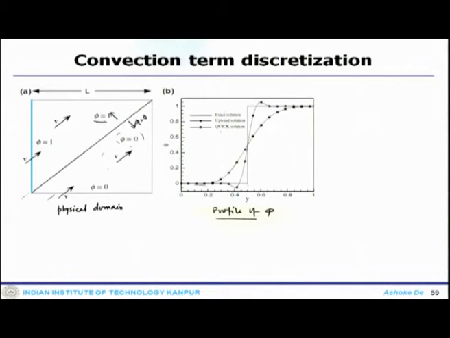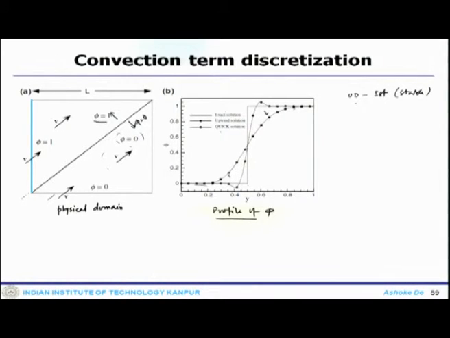Now, if you compare the exact solution with the profile generated by the upwind scheme, which is shown by this line, what you can see is that because the upwind scheme is first order accurate, though it is stable, it is first order accurate. Because of this, the solution shows such a smooth profile, but which is far away from the exact solution.